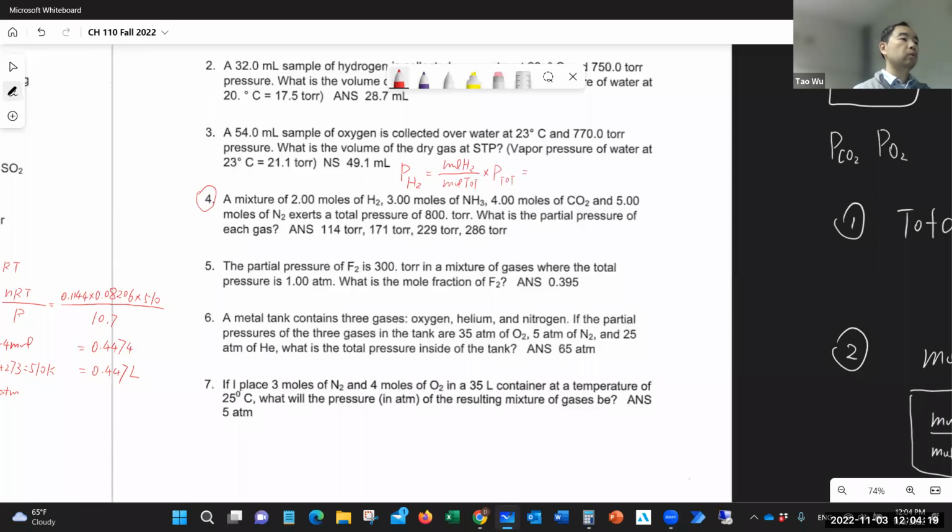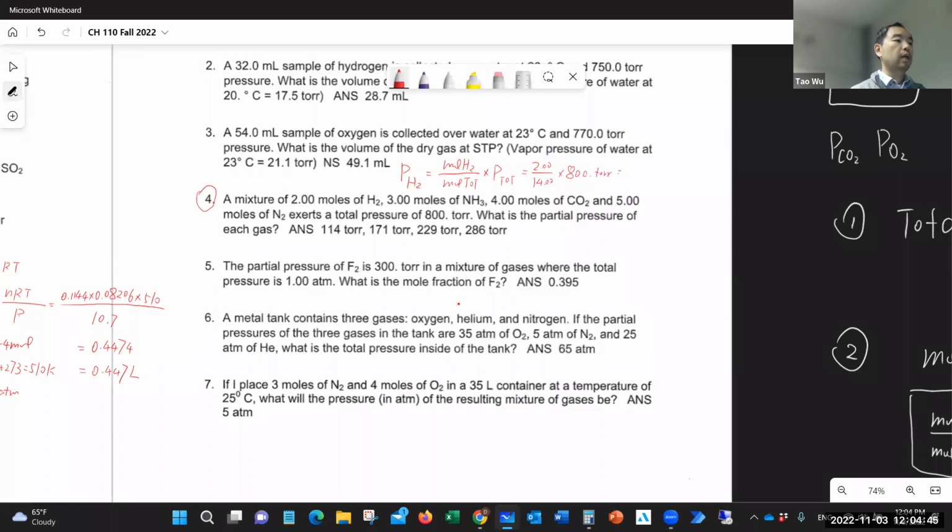The hydrogen you have is 2.00 moles. For the total moles, you sum them together: 2 plus 3 plus 4 plus 5, so you get 9, 12, 14. You divide by 14.00 and multiply by the total pressure, which is 800 torr.